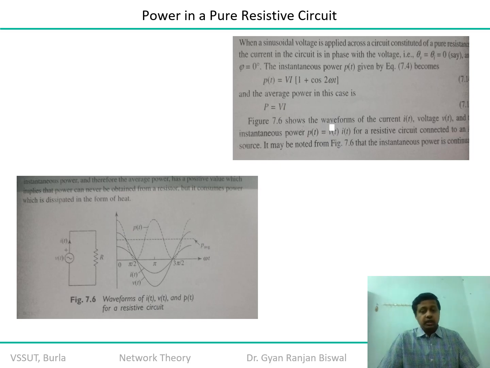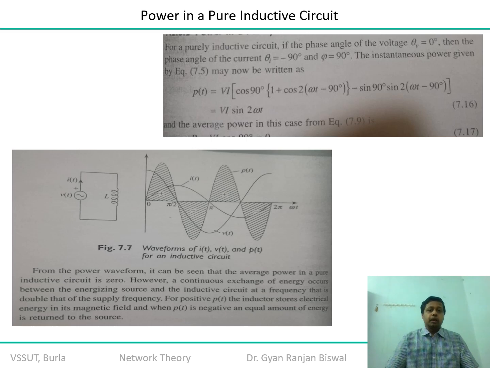So, pure power in a pure inductive circuit, unlike the resistive circuit. In the case of a reactive circuit, please note, how do you know whether it is an inductive or capacitive circuit? Because both are reactive components.